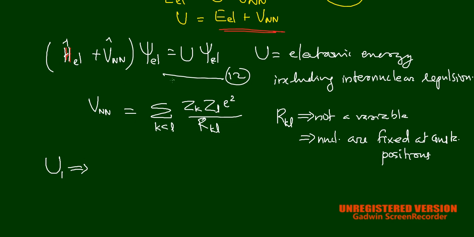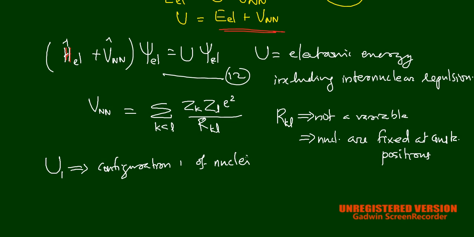Therefore, you got a U value equal to U1, and U1 corresponds to configuration 1 of nuclei. Nuclei are fixed at a certain configuration, named configuration 1, and for that particular configuration only you are getting the energy eigenvalue U1.